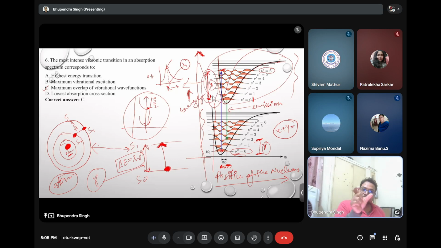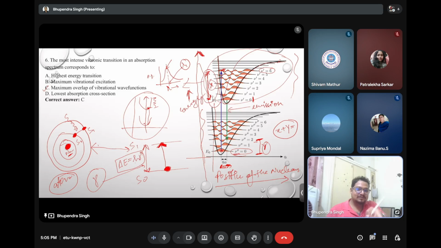Otherwise, the calculation will be very difficult. So they have separated out the nuclear part. If you read about the Born-Oppenheimer approximation, then you will understand. If we consider that the position of the nucleus is also changing with the electronic transition, then the calculation will be very difficult. That is why in the Franck-Condon principle they consider that the position of the nucleus is not changing, but it changes.